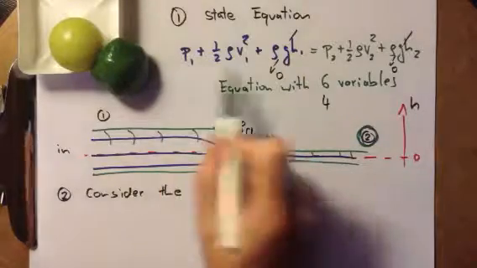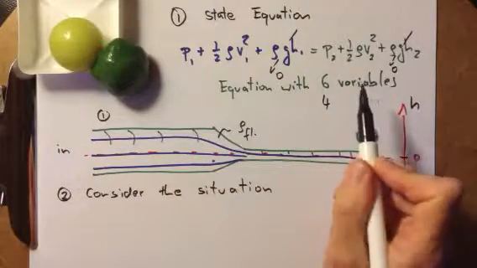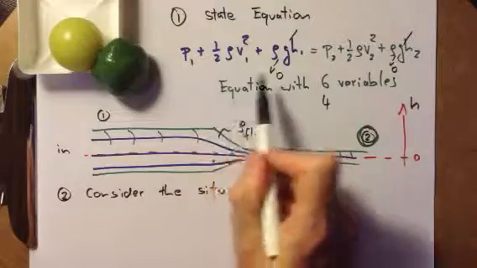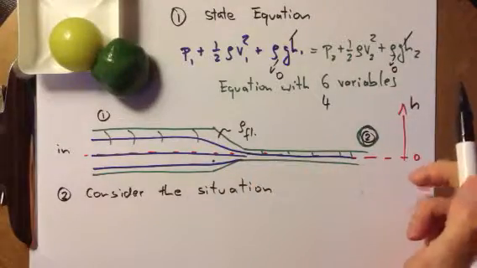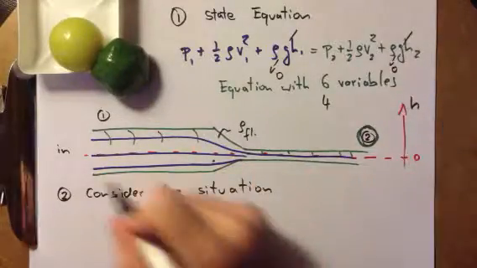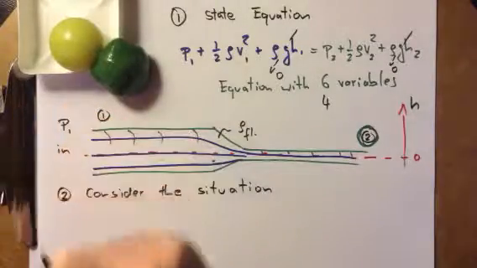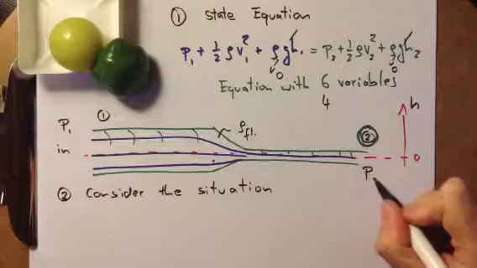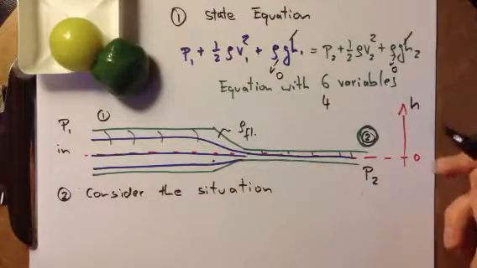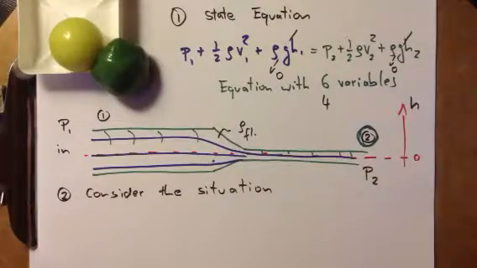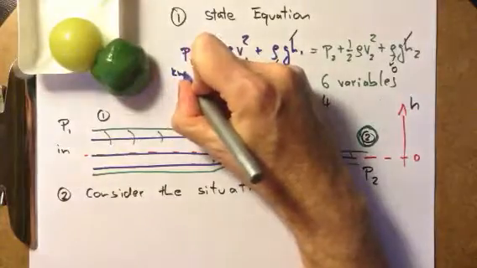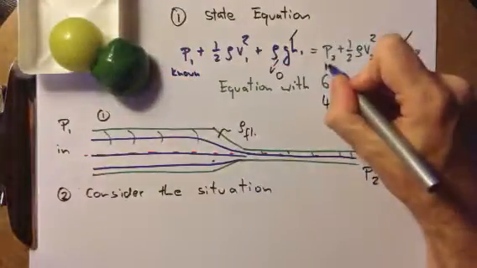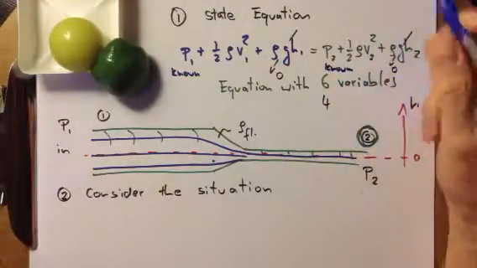Now we've still got 4 variables, and we can only solve it if we know 3 more of those. But you might know the pressure on entry, or you could measure it with a manometer, and you might be able to measure the pressure on exit. So this might be known, and this might be known too.